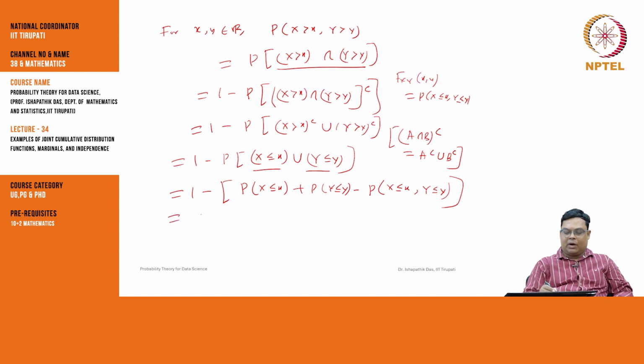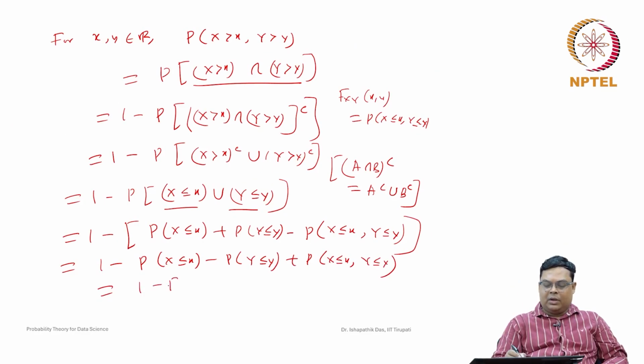So then finally what we got is 1 minus the probability of X less than or equal to x, minus the probability of Y less than or equal to y, plus the probability of X less than or equal to x, Y less than or equal to y. So this is 1 minus F_X(x), the marginal cumulative distribution function, minus 1 minus F_Y(y), plus F_XY(x,y).